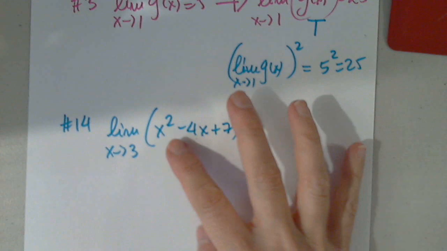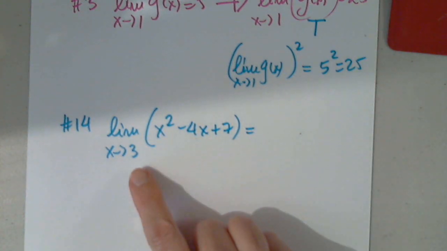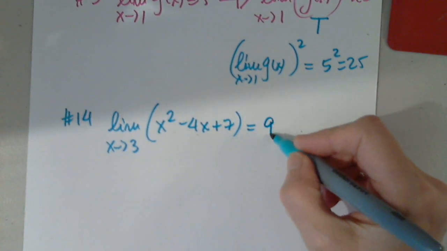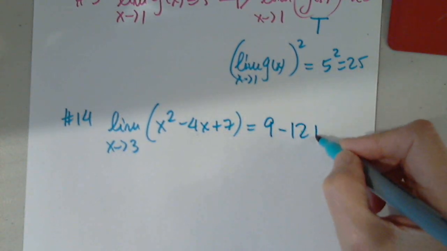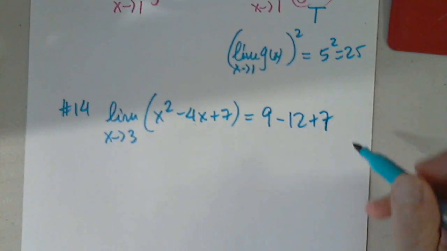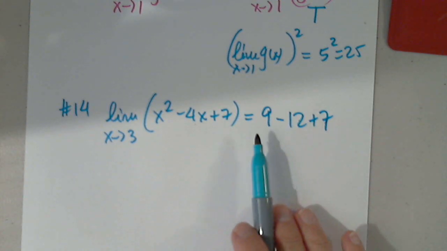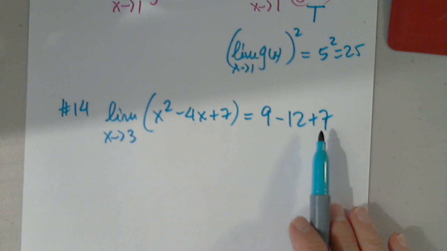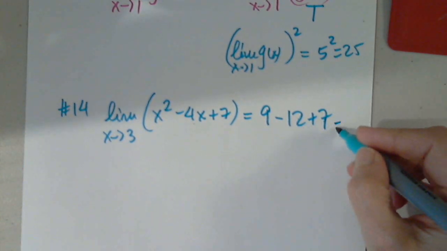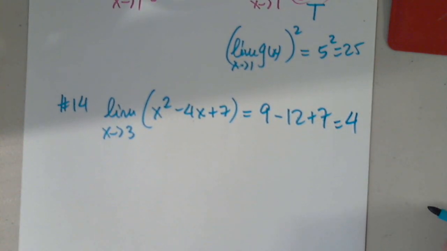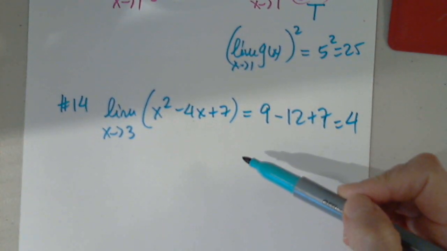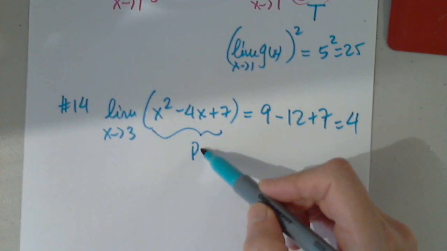I know that this is a polynomial. I will plug it in directly, and I get 9 minus 12 plus 7. 9 plus 7 is 16, 16 minus 12 is 4, or if you want 9 minus 12, it doesn't matter how you do it. I was allowed to simply plug it in because this is a polynomial.